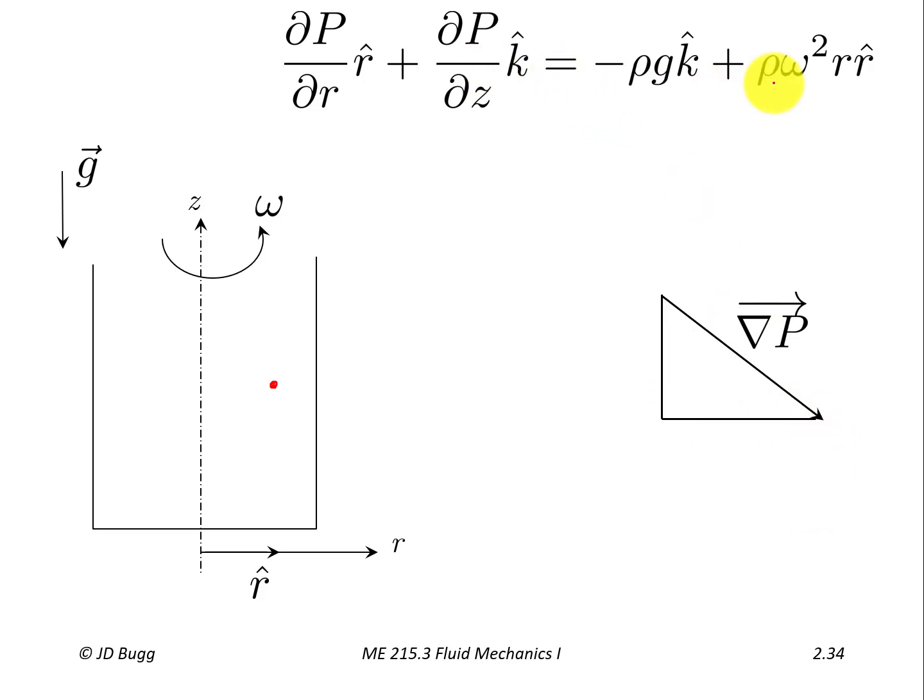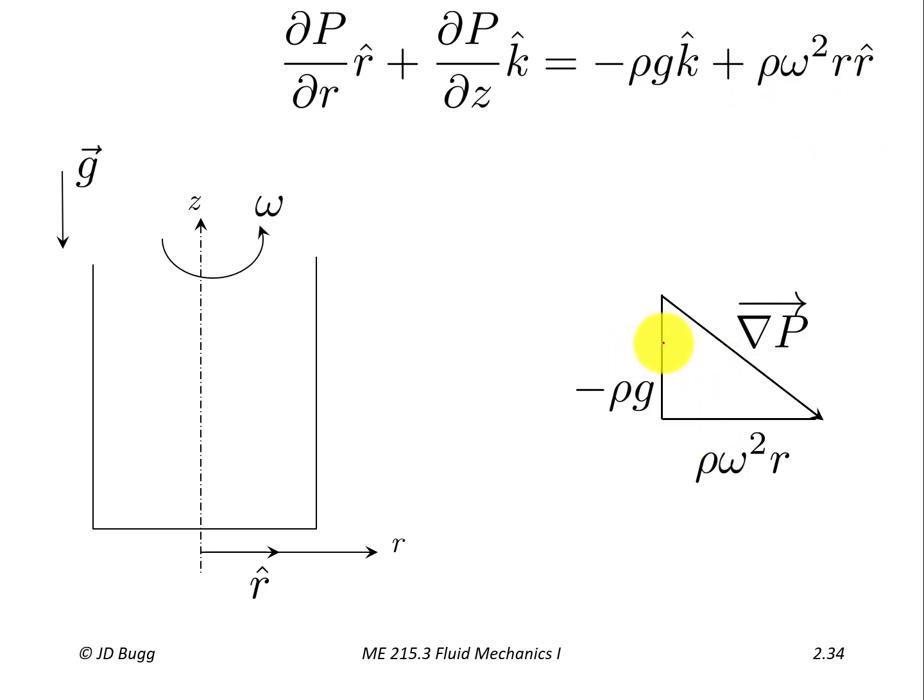And we can look at this expression and see that this component is minus rho g. So minus rho g is our k component, or our vertical component. And the radial component is rho omega squared r. So that's coming right from there. So this pressure gradient vector has a k component and an r component.